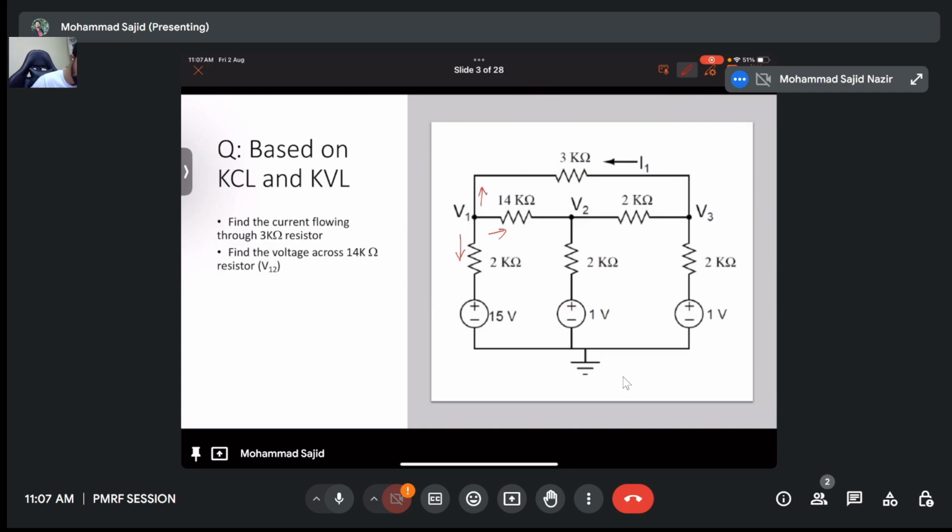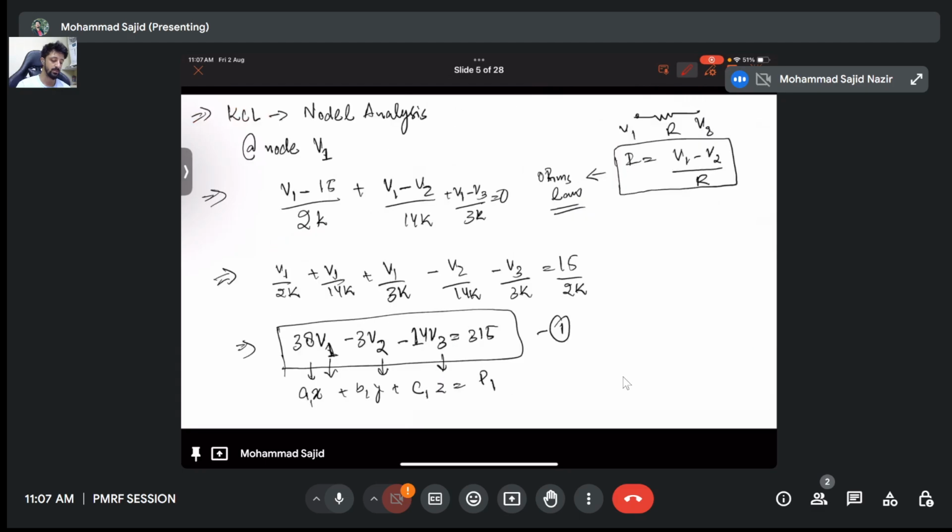One between V1 and 15 volt through 2 kilo ohm, another is V1 to V2 through 14 kilo ohm, and another is between V1 and V3 through 3 kilo ohm. That's what is written here. V1 minus 15 by 2K plus V1 minus V2 by 14K plus V1 minus V3 by 3K. This is simple, V is equal to IR, Ohm's law, like written here, V1 minus V2 by R.